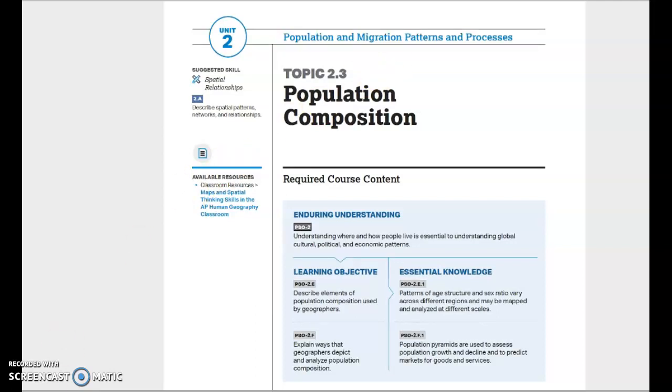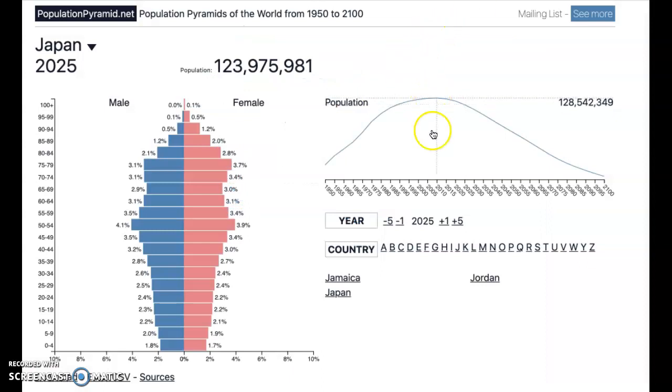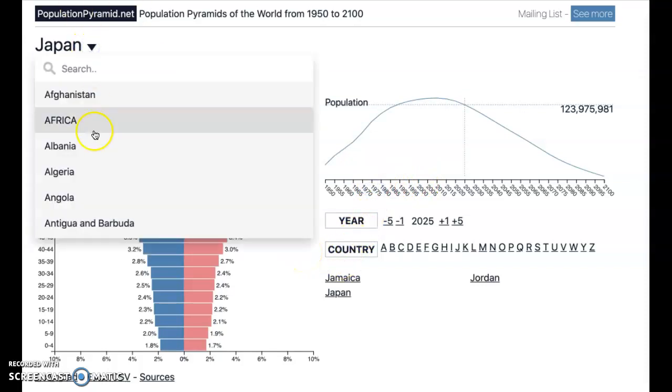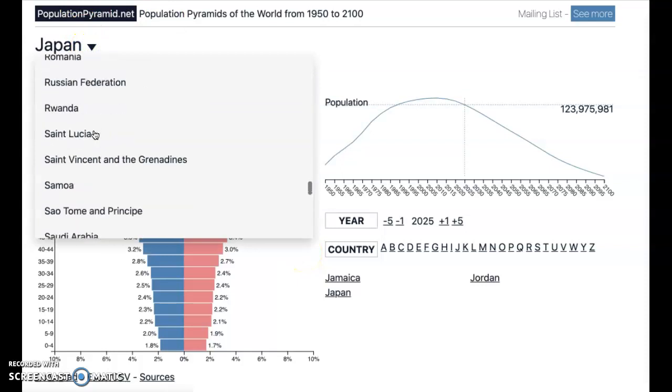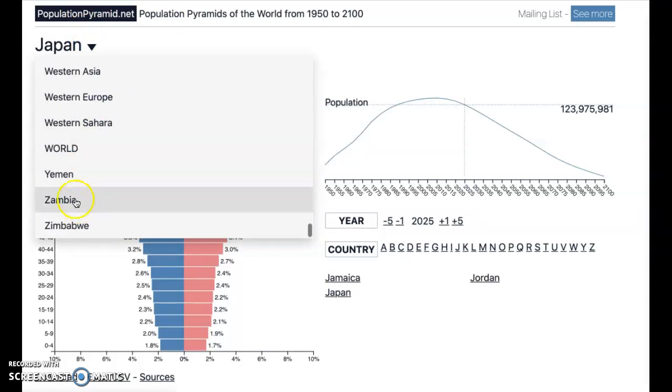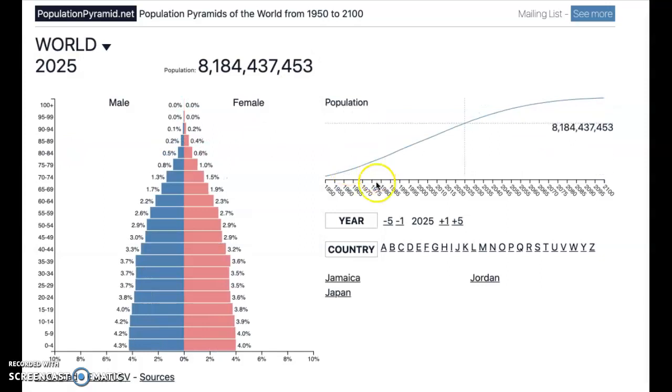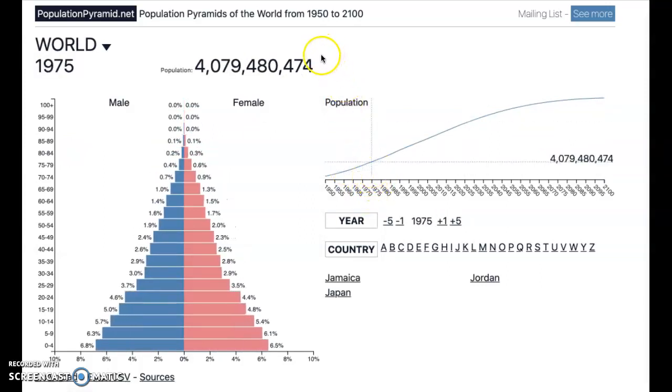All right, so let's dive in. Let's give a look at our population pyramids. I want to start us here, with the world. And let's start at the world in 1975. We're more or less 4 billion, the population.